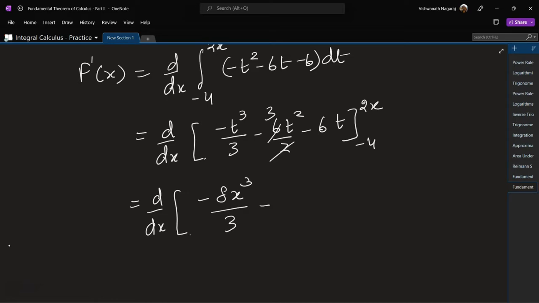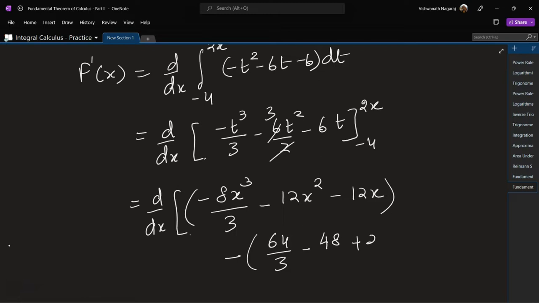So 4 times 3 is 12x square, minus 6 times 2, so this will be 12x. Now minus 4: minus 4 cubed is going to be minus 64, so 64 by 3, minus, minus 4 square is 16, 16 times 3 is 48. Okay, minus times minus, so plus 6 times 4 is 24.